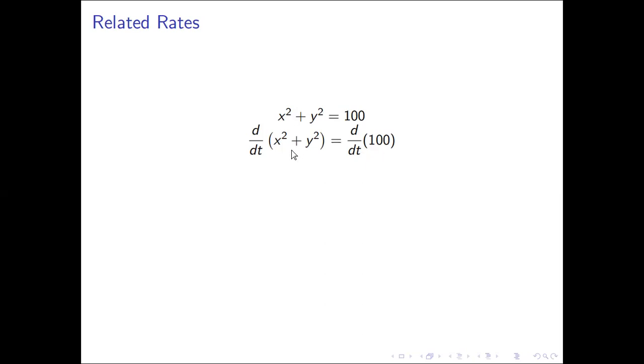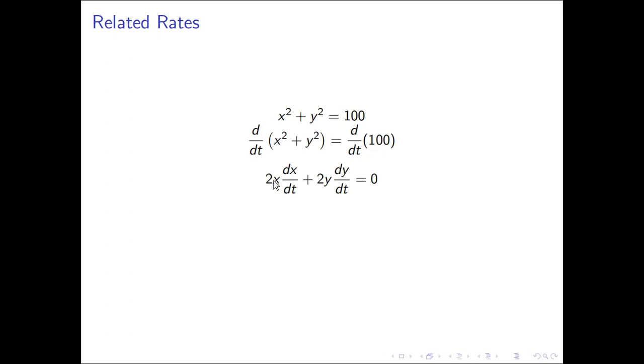And then you apply the rules, so the sum rule, and since t is different from both x squared and y squared, t now is the independent variable, so you have to apply the chain rule for both x and y. So differentiating x squared, you bring down 2, subtract 1, that's 2x.